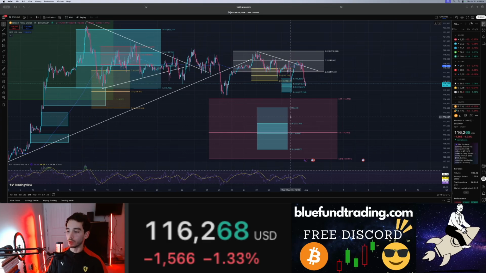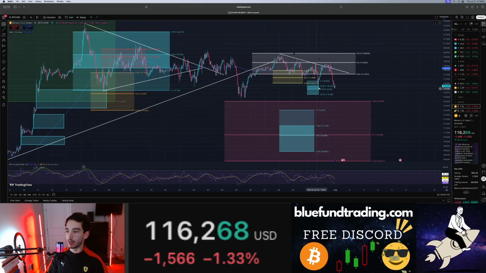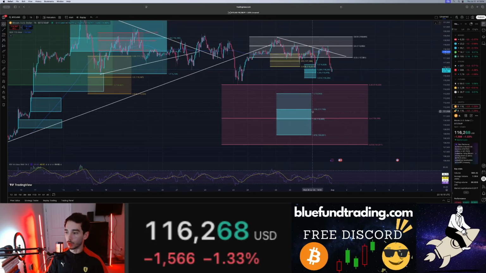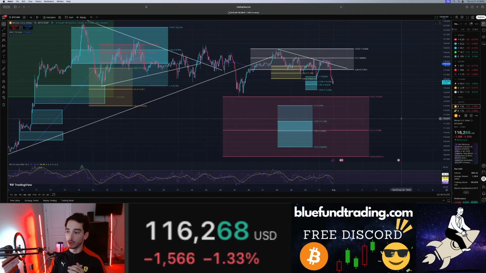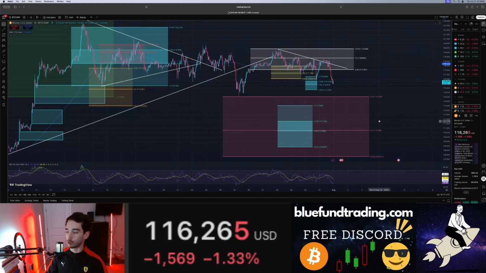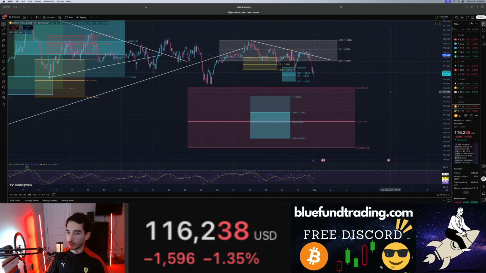This shows, at least to me, in my opinion, that the price can extend all the way down to potentially 107, 108K, ideally around 110, before we start seeing volume shrink and start building up bullish volume, right? That's where the high probability is.